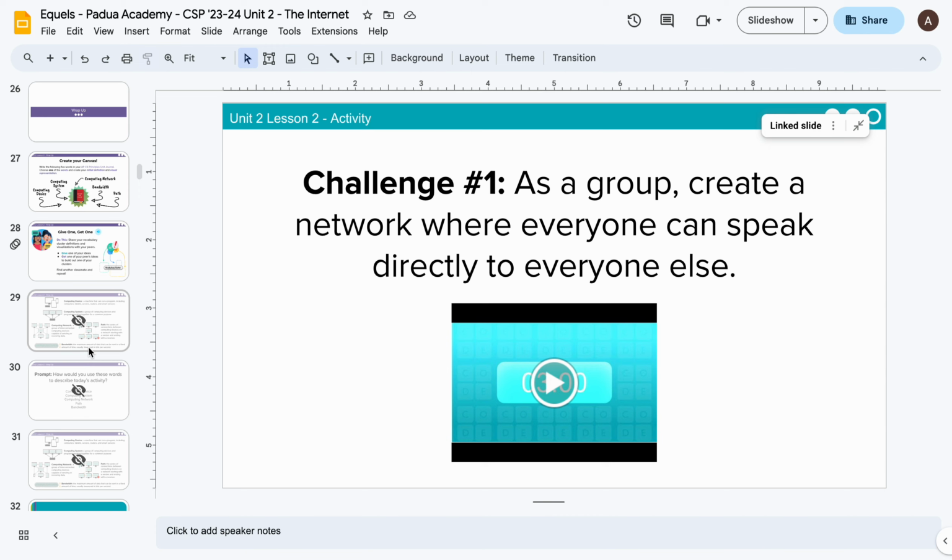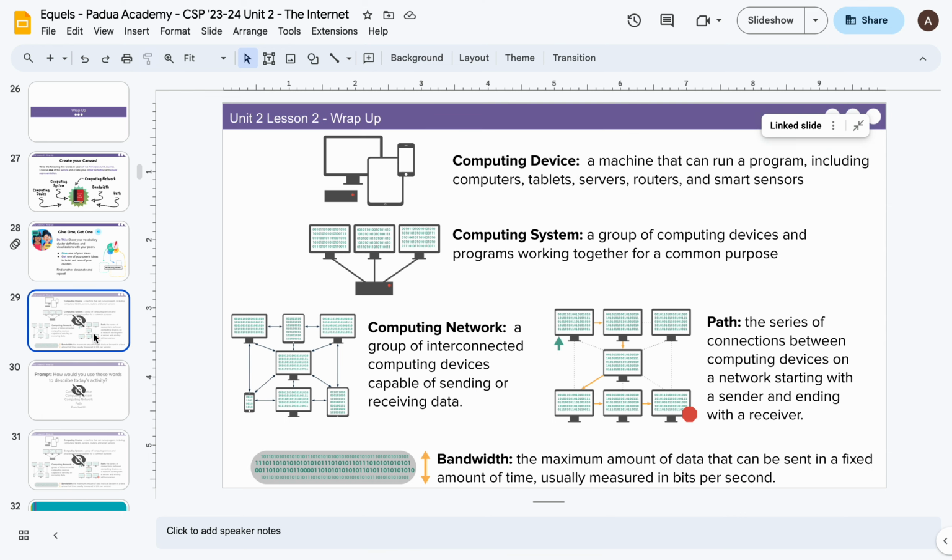Record your findings, reflect on them, talk to each other about networks, like what is a network and how does this relate to that internet simulator activity that you did last class. Okay, so here are some definitions for you. Again, you can see down here it says that the slide is skipped in slideshow mode.